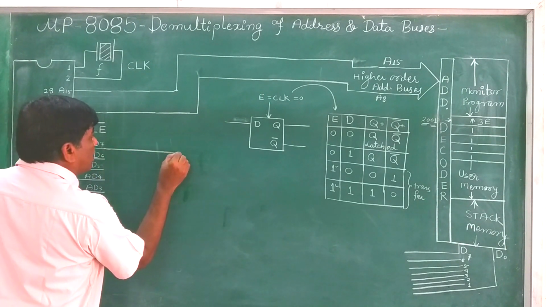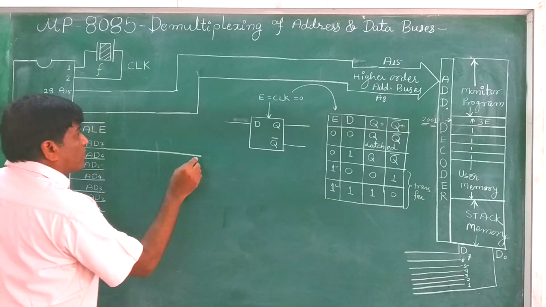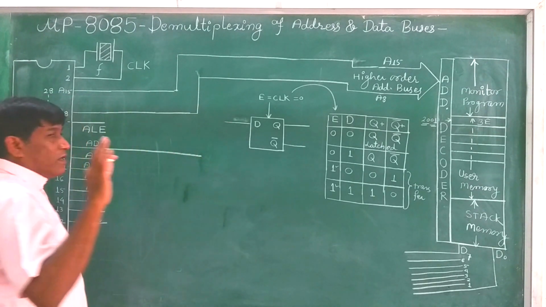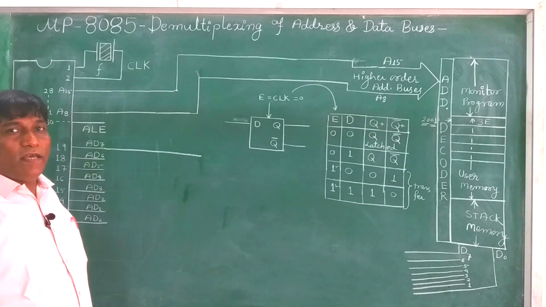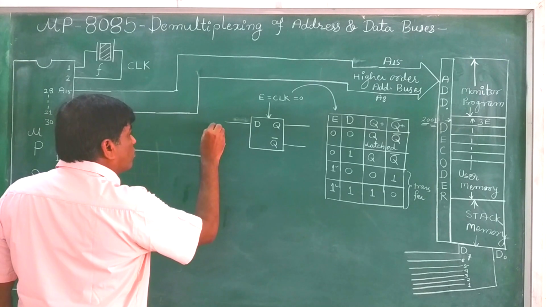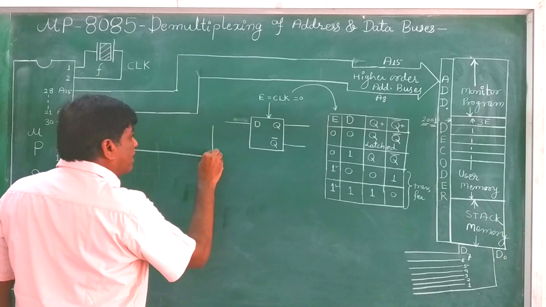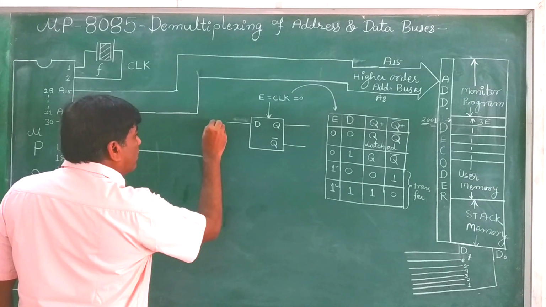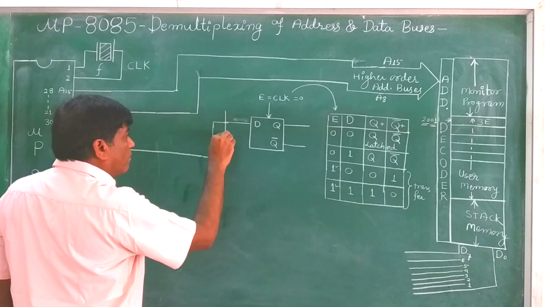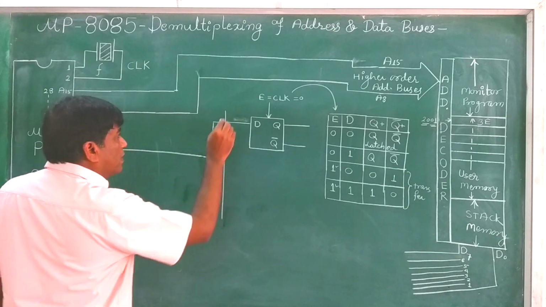That means the address on these buses must be extracted. Suppose we first understand only one wire. Suppose this address is to be extracted and held. How can it be held? Say we connect this to a D flip-flop, right?